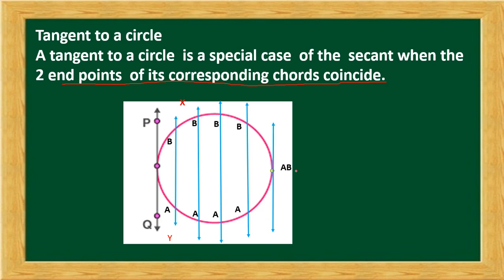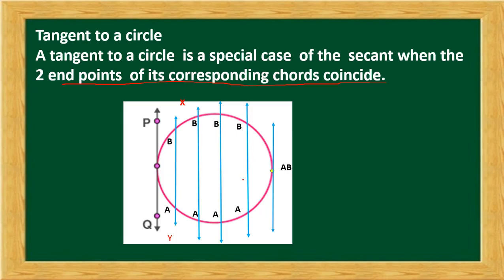This point is named P, where these 2 points A and B of the secant coincide with one another. So in this figure we observe that a tangent to a circle is a special case of the secant, when the two endpoints of its corresponding chord coincide.